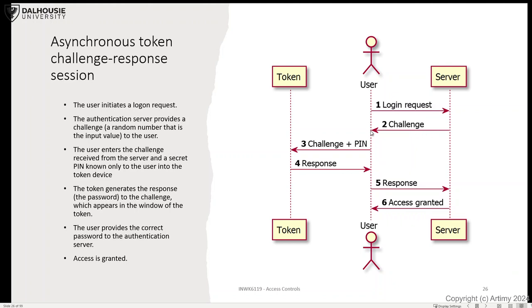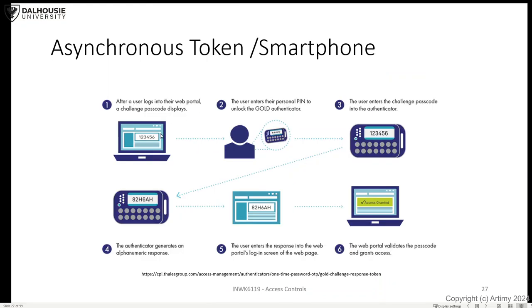The user takes that random number and enters it in the app, or if it's a token, there will be a special token where you can actually enter numbers. So the user enters the challenge that came from the server, and also enters their unique PIN number as an extra measure of security.